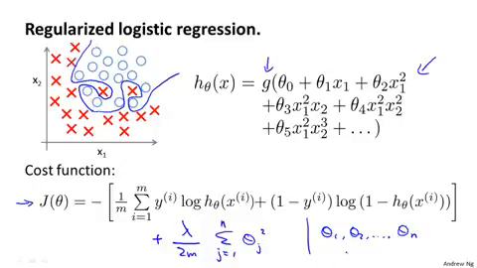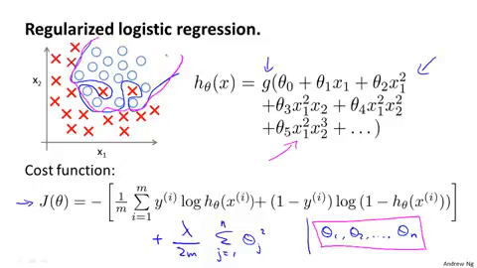And if you do this, then even though you're fitting a very high order polynomial with a lot of parameters, so long as you apply regularization and keep the parameters small, you're more likely to get a decision boundary that looks more reasonable for separating the positive and the negative examples. So when using regularization, even when you have a lot of features, the regularization can help take care of the overfitting problem.